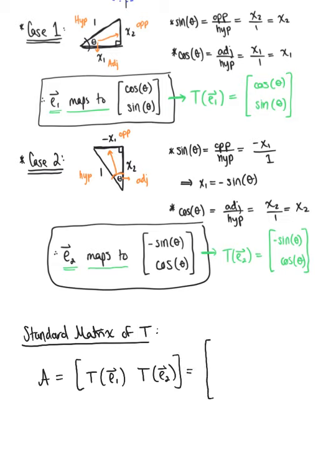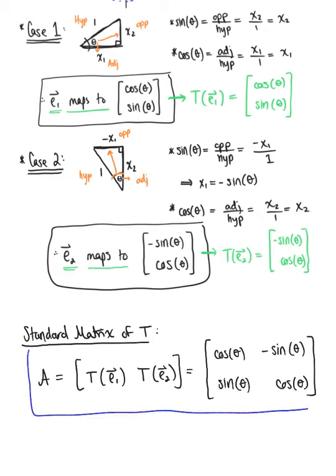So the standard matrix of T is the matrix whose first column vector is cosine of theta, sine of theta, and whose second column vector is minus sine of theta, cosine of theta. So this is our beautiful final answer. This is the standard matrix of T.